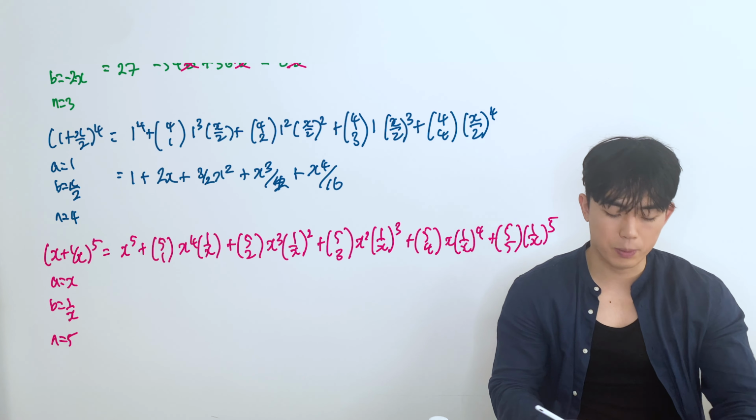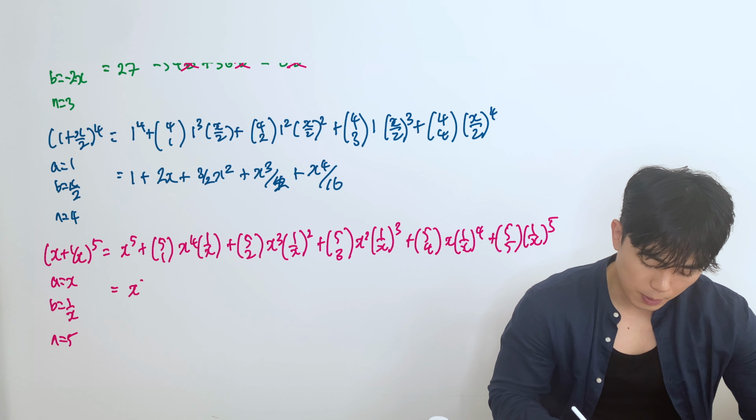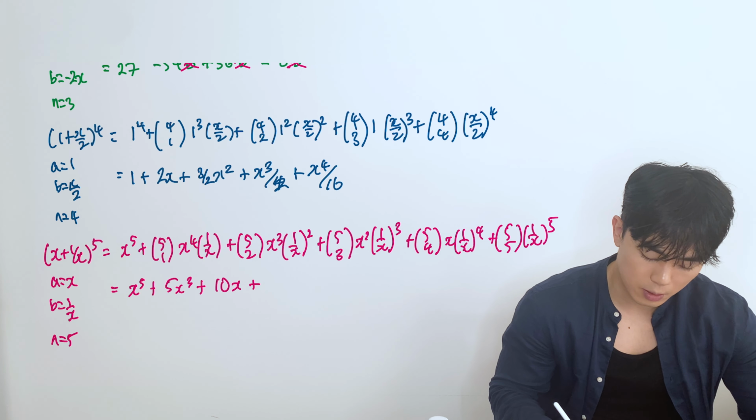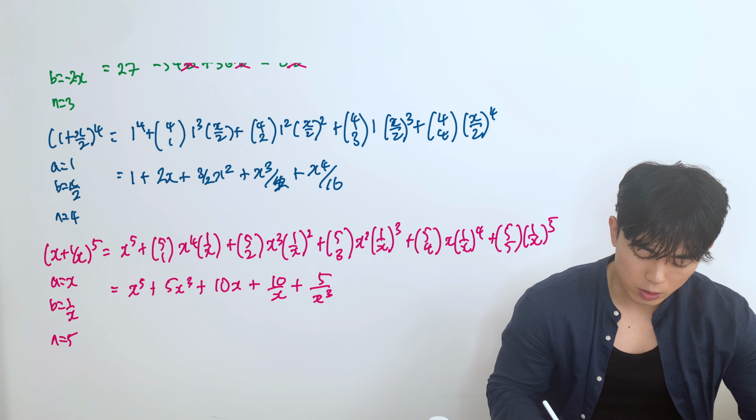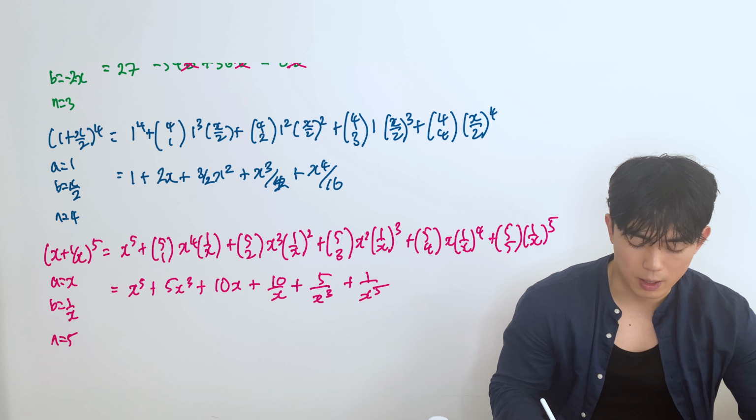Now it's just a matter of simplifying it, so you get x to the power of 5 plus 5x cubed plus 10x plus 10 over x plus 5 over x cubed plus 1 over x to the power of 5.